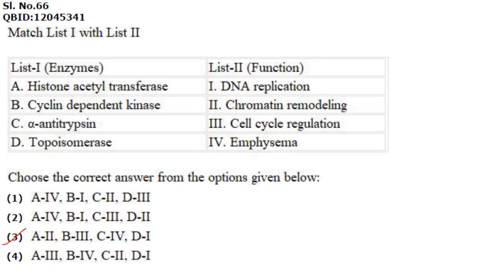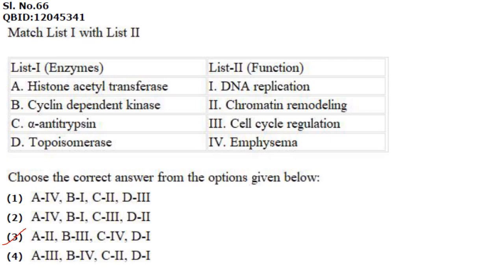If it is in the condensed state, the transcription factors will not be able to bind and gene expression will not be there. Once it is decondensed, the DNA sequence will be available for the transcription factors to bind and expression of the gene happens. So histone acetyl transferase is chromatin remodeling.